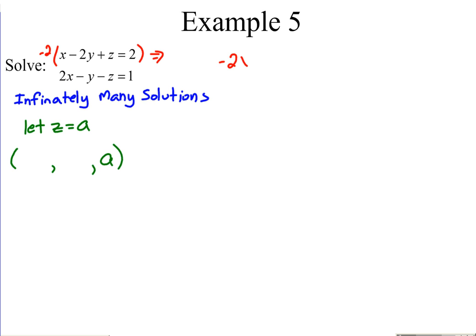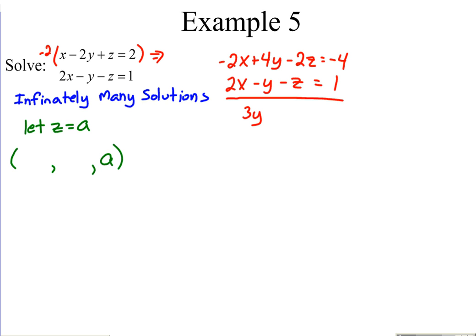We get negative 2x plus 4y minus 2z equals negative 4. Second equation, leave alone: 2x minus y minus z equals 1. Add them up. X's are gone, which is what we wanted. 3y minus 3z equals negative 3.